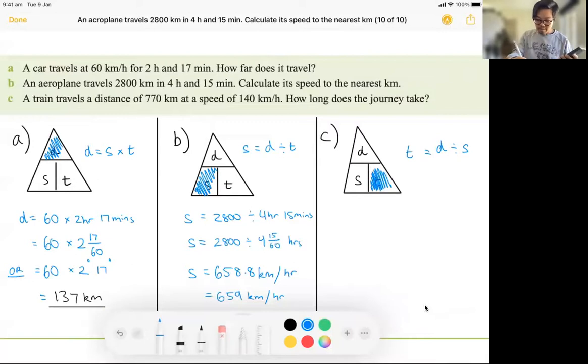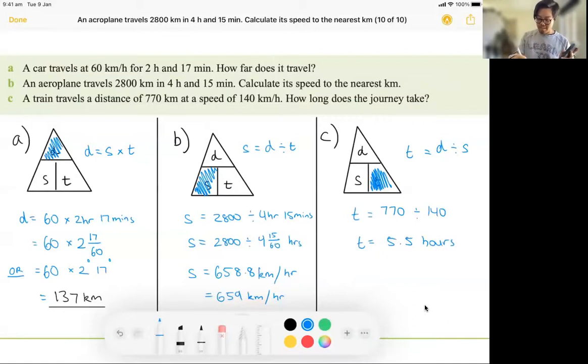So here your time is equal to your distance, 770, but we're going to divide that by 140 kilometers per hour. So here, let's just put it straight into our calculator, 770 divided by 140. And what you should get is a pretty nice answer. You'll get 5.5, and this is in terms of hours.